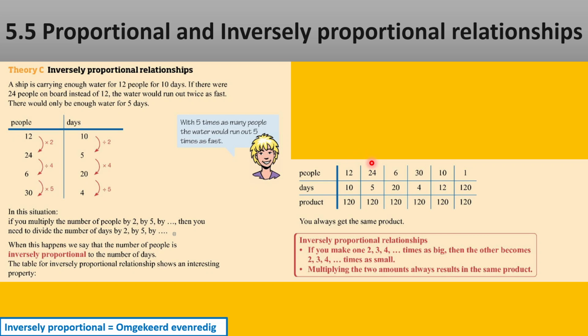Remember, if I have twice as many people, I need twice less days, so times 2, divided by 2. 24 times 5 is still 120 though. 4 times as many, 4 times less, but 6 times 20 is still 120. 5 times as many, divided by 5, but 30 times 4 is still 120. That product is always the same, right? And that's the case in inversely proportional relationships. Certainly not in proportional relationships, right?